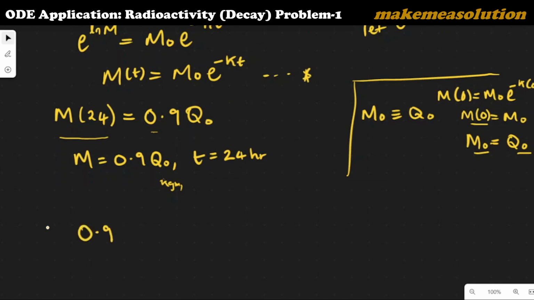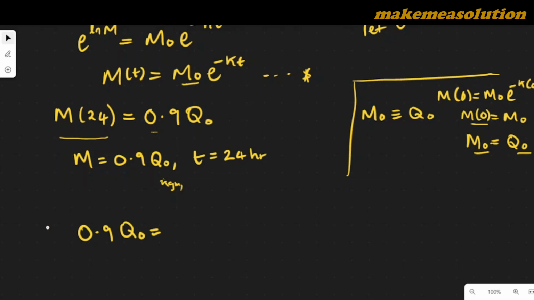Anywhere you see M, you put 0.9 Q naught, is equal to our M naught, which is Q naught itself, and exponential. Anywhere you see T, you put 24. Is that okay? So Q naught cancels out Q naught. Now 0.9 is equal to exponential minus 24K.